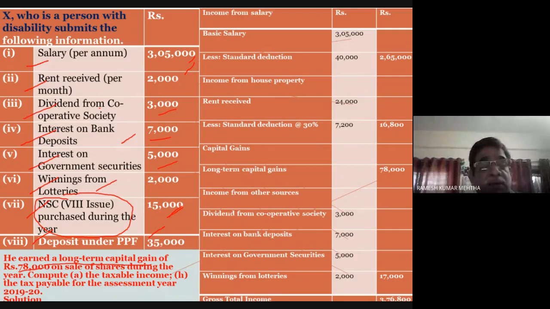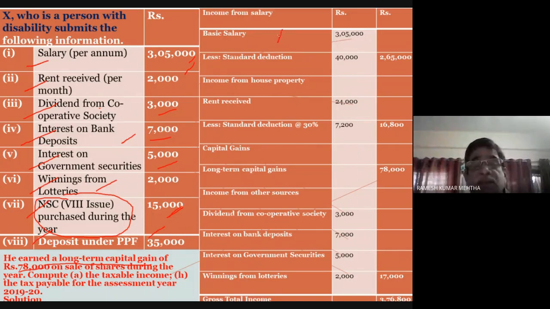So there are here incomes from different sources. So when you are attempting this problem, you have to understand that there are five sources of income. One is salary income, next one is income from house property, the third one is profits and gains from business or profession, fourth one is capital gains, and fifth one is income from other sources.